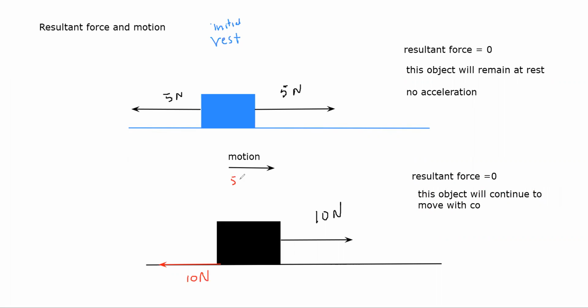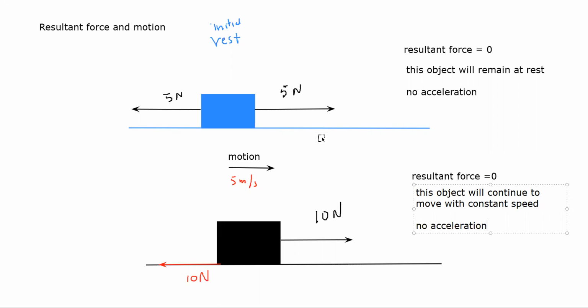If I include the speed of this object, say 5 meters per second, what will happen? This object will continue to move with constant or uniform speed, and it does not have any acceleration. No acceleration means no change in speed.